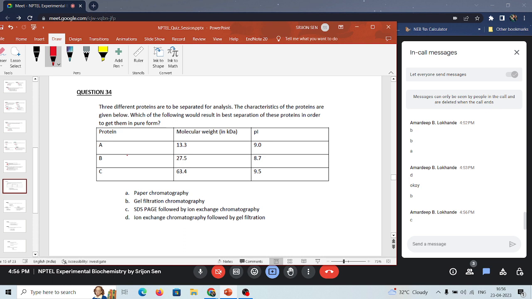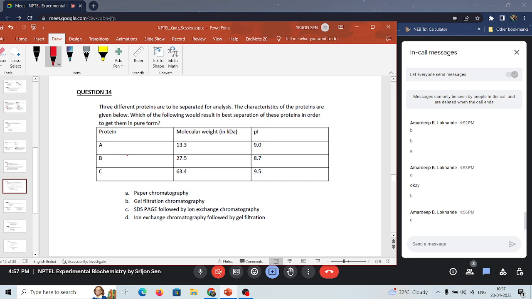This is a table which gives the different molecular weights and the different PIs. Which of the following would best result in separating the proteins in the pure form? So how are you going to separate them out? The PI is more or less close to each other.